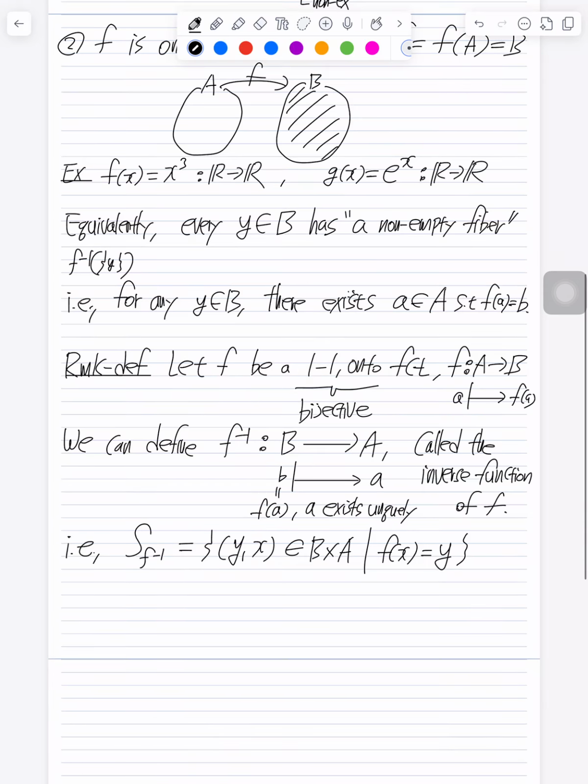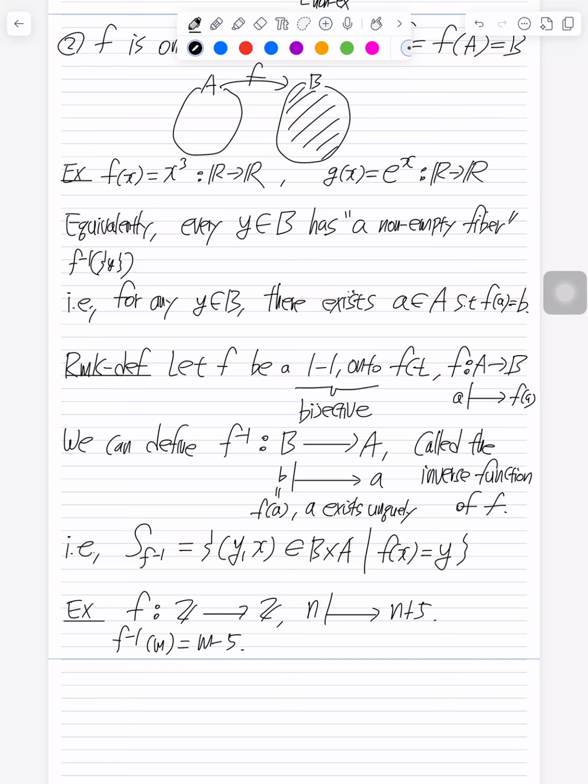This is a very intuitive procedure, and if you want to work with a concrete example, you can look at f from Z to Z, where Z means the set of integers, that maps each integer n to n plus 5. Then the corresponding inverse maps n to n minus 5. You should be able to check this by yourself.